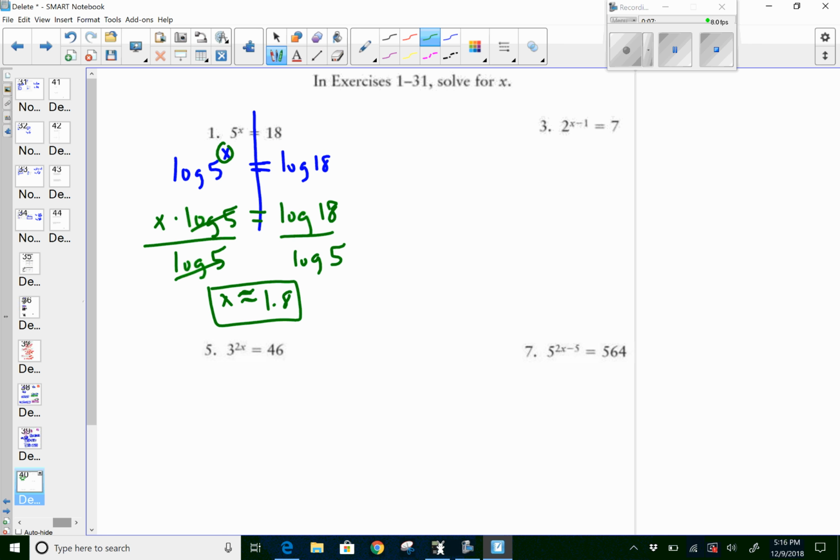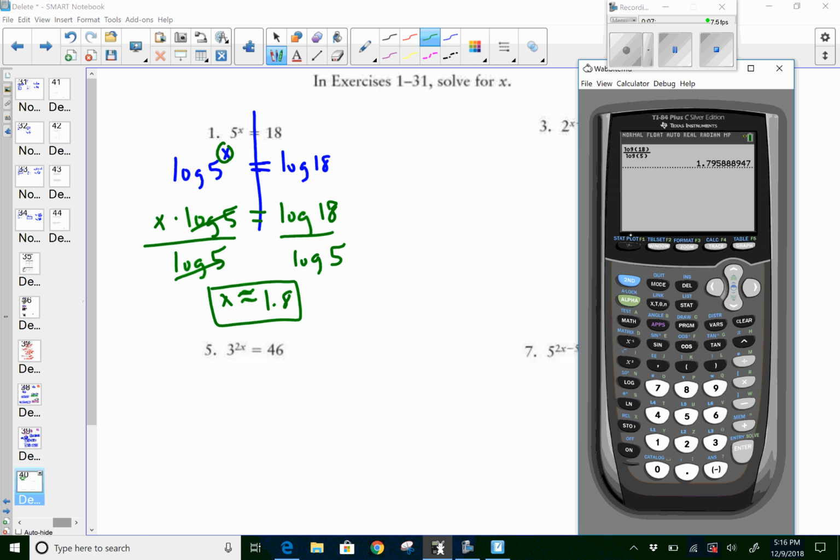If he gives you this question, he's going to tell you what to round to. I think I should show you how to use the calculator to check your work. So here it's going to be 5 to the x, and this one right here, I'm going to have 18. I noticed that my y is going to be 18 here, so I'm going to change my window and make sure that my y is bigger.